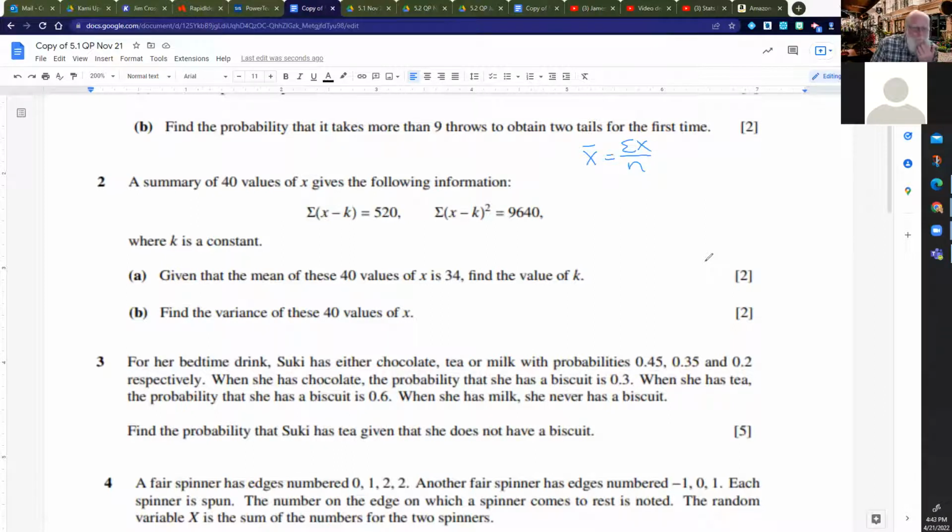Now, if I take numbers, we'll make it easy. 1, 2, 3, and 4. What's the average of that?